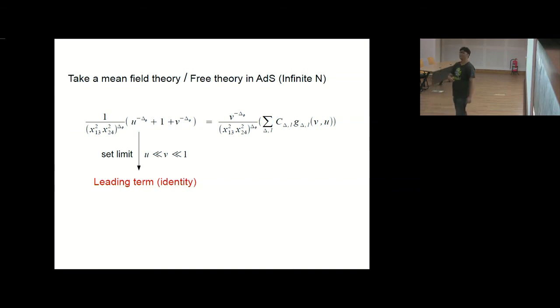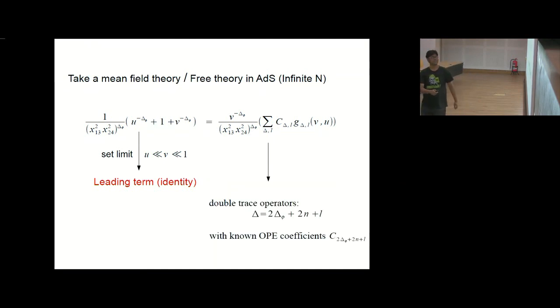In this limit, the first term, u to the power minus delta phi, is the leading term, which is basically nothing but the identity operator of the OPE. In the T channel, I have double trace operators which have this form, whose dimensions have this form, and in free theory, their OPE coefficients are also known. So these coefficients that I've written here are exactly known for free theory. And the good thing is, if I sum over all these things, they will exactly reproduce the leading term, which is u to the power minus delta phi. So this is how Bootstrap is satisfied for a free theory.